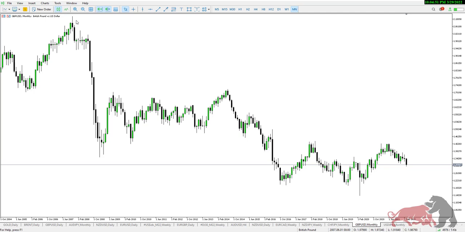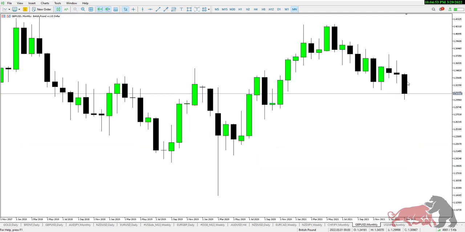So let me just zoom in quickly. This is our current month, March 2022. You can see there's strength in terms of the trend to go to the downside. There's more bearish momentum for price to move lower.